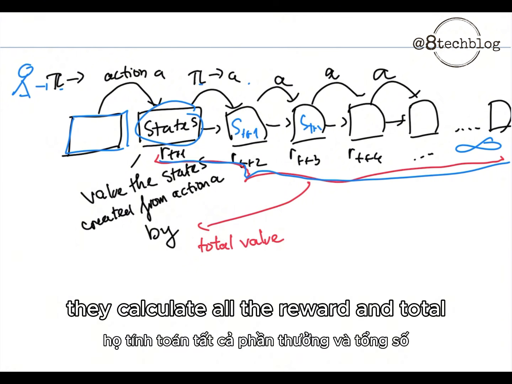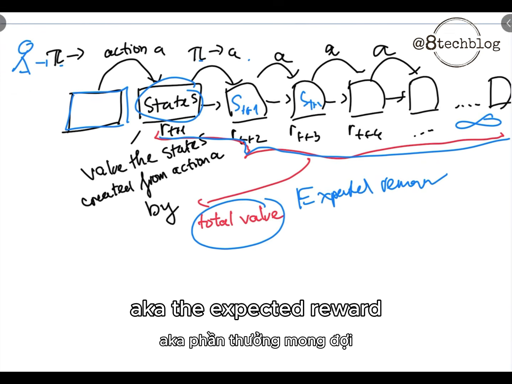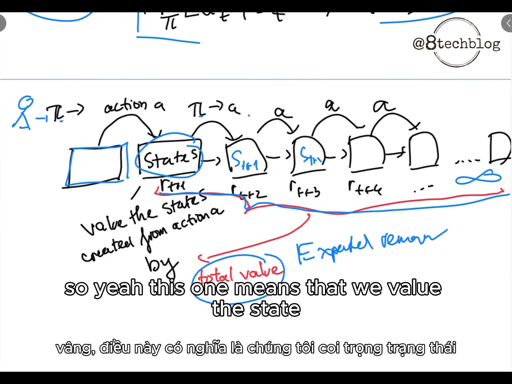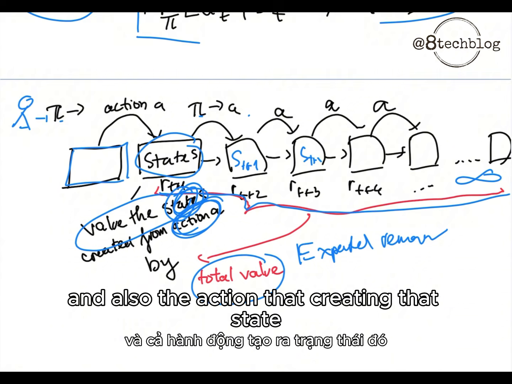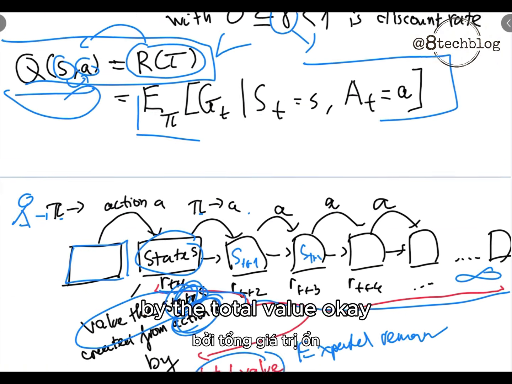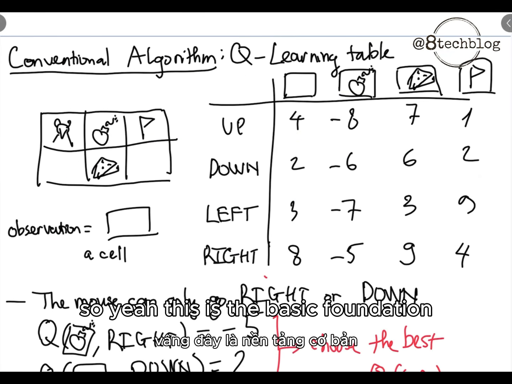They calculate all the rewards and total them together to get the total value, aka the expected reward. So this means that we value the state, and also the action that created that state, by the total value. Okay, so this is the basic foundation.